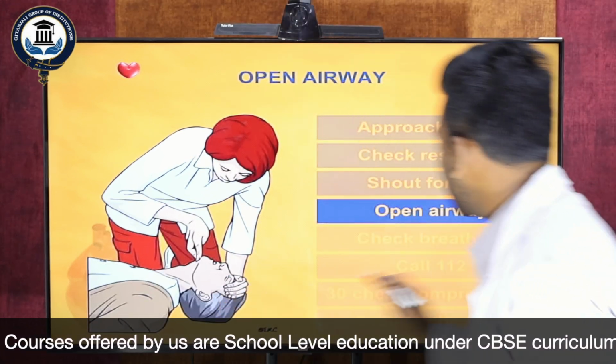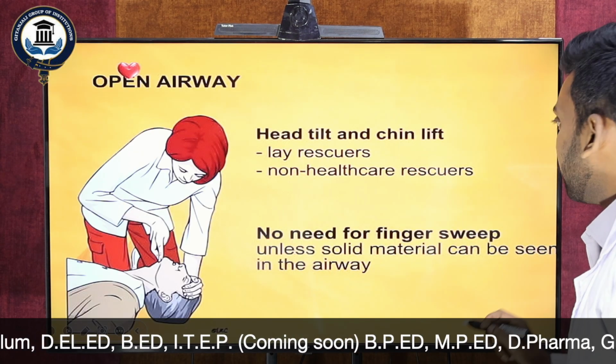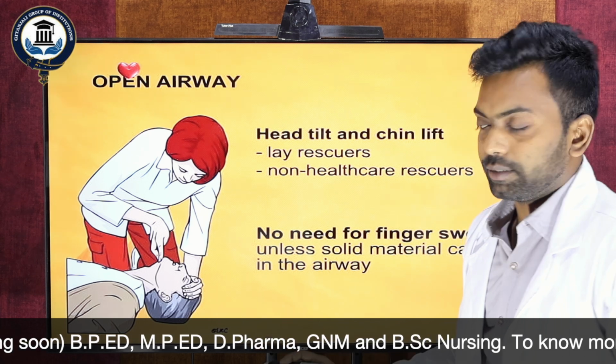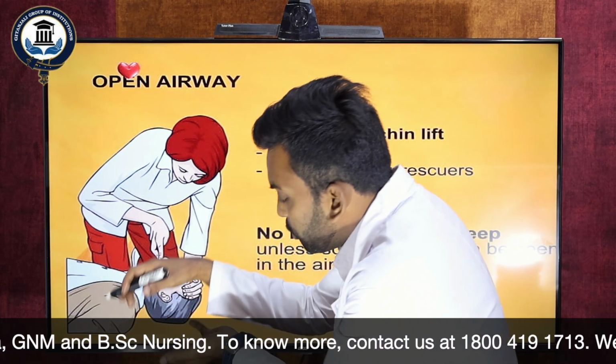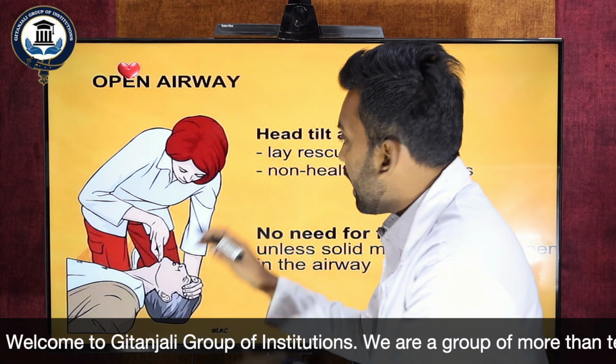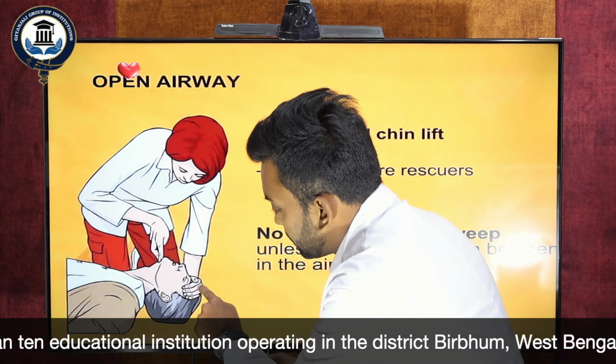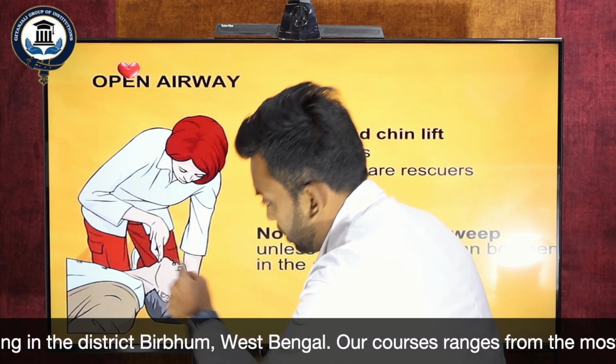This method is called the head tilt method. The two methods are there. The head must be bent towards the back. This method is called the head chin tilt method. That means you must tilt the head as well as the chin.